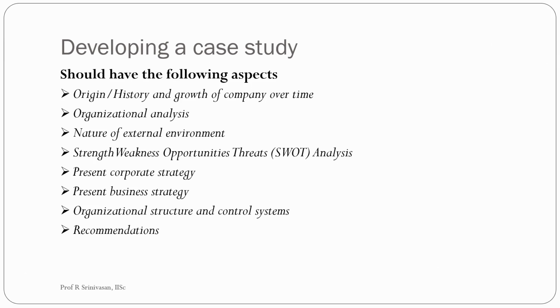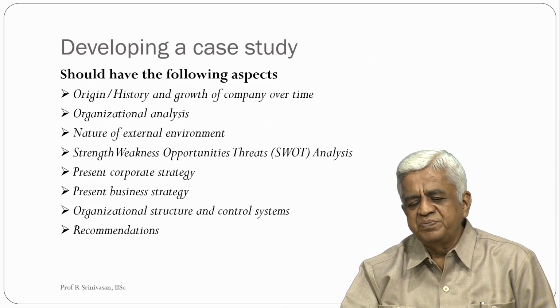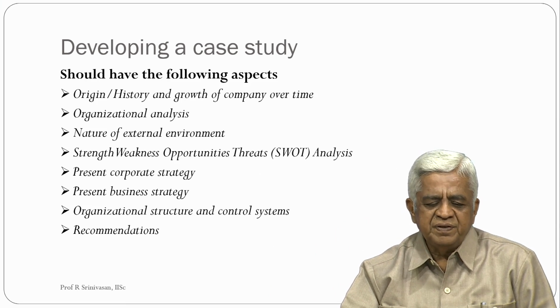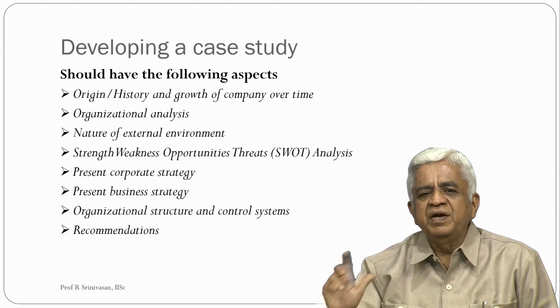After this aspect is touched, you also have to present to the student the structure of this organization and the type of control systems that this organization has with respect to a decision making situation.